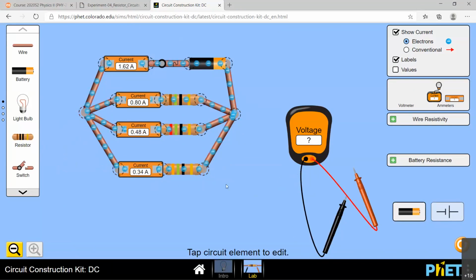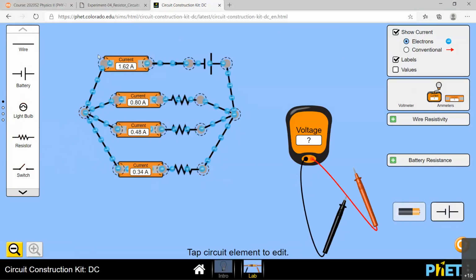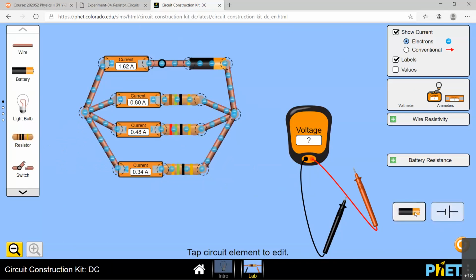Okay. And also, if you click this icon right here, you can see the circuit diagram, right? With the circuit symbols. And if you click the battery sign right here, then you can see all the items as a real life scenario. And these small negative particles you can see moving around, those are actually the electrons, which show you the direction of current.